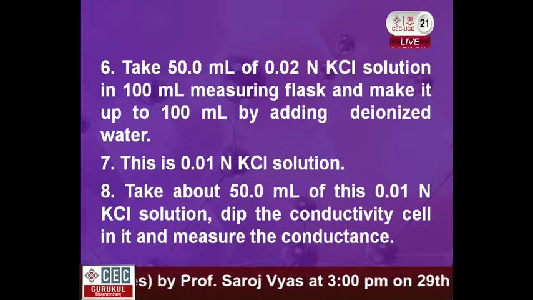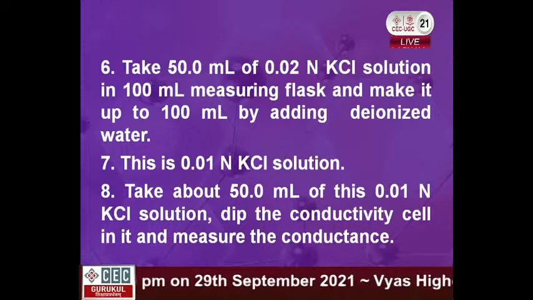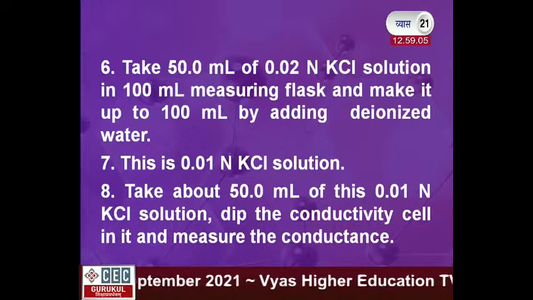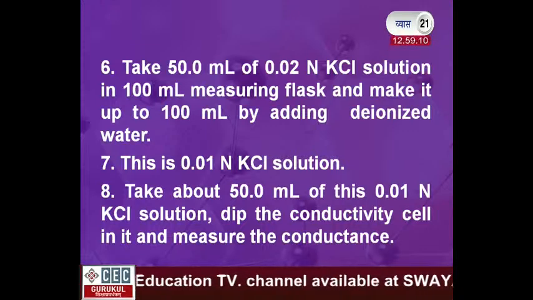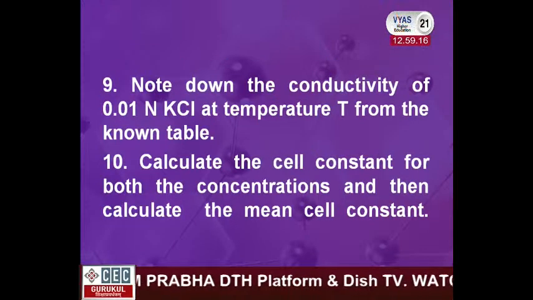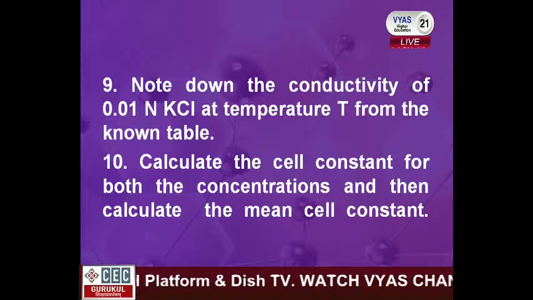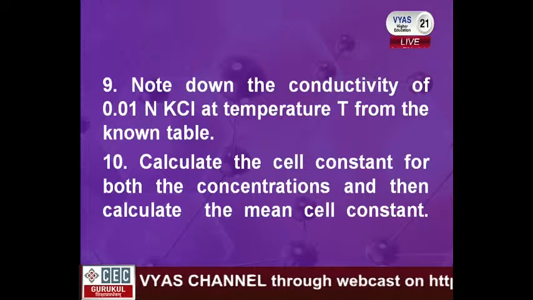This is 0.01 normal KCl solution. Take about 50 ml of this 0.01 normal KCl solution, dip the conductivity cell in it and measure the conductance. Note down the conductivity of 0.01 normal KCl at temperature T from the known table.